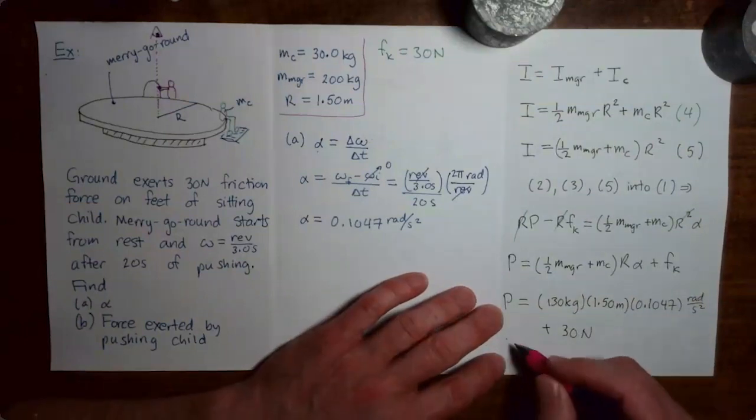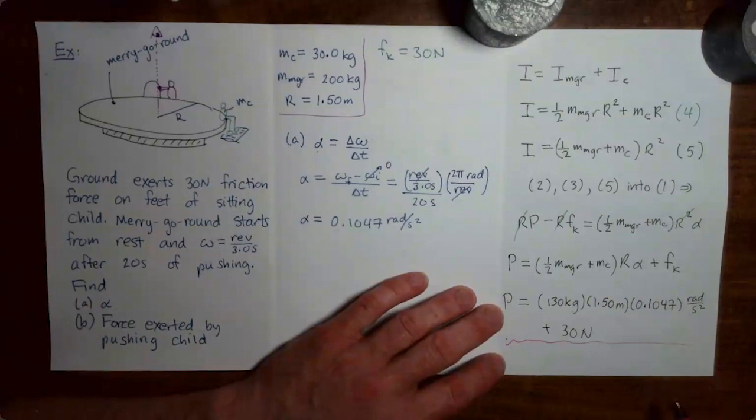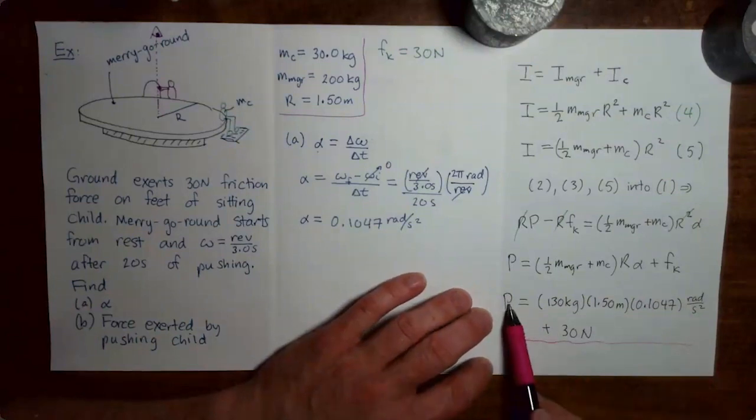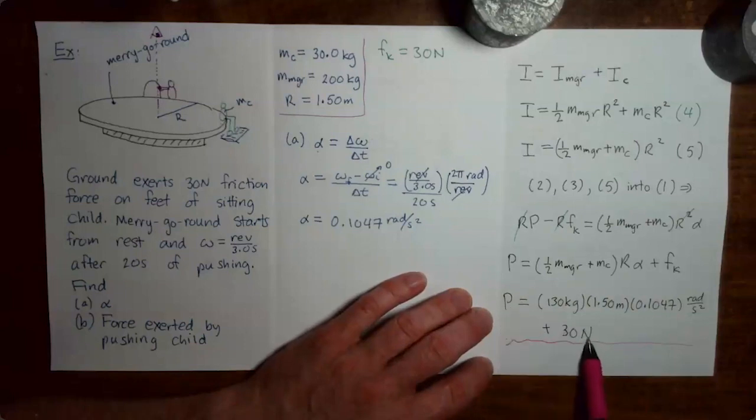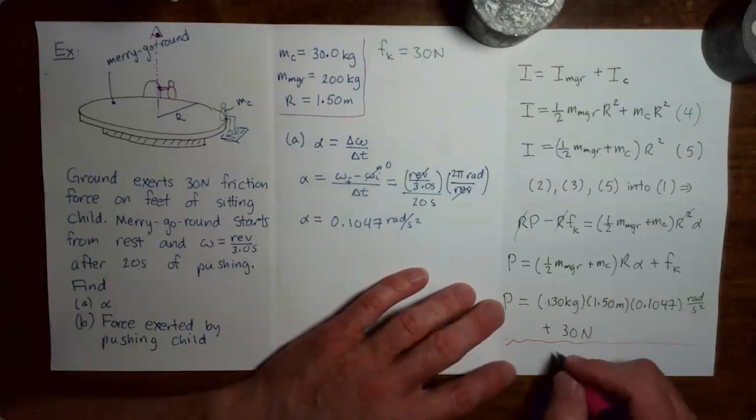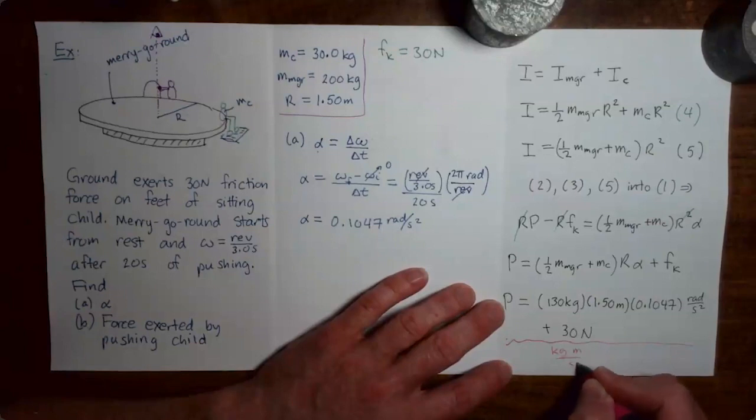Before we stick all of this into our calculators, let's do a quick unit check. We're looking for a force here. Force should have units of newtons, so this term has units of newtons. Now, what about the first term here? The first term has units of kilograms times meters per second squared.